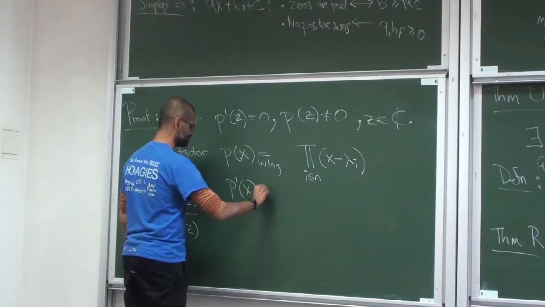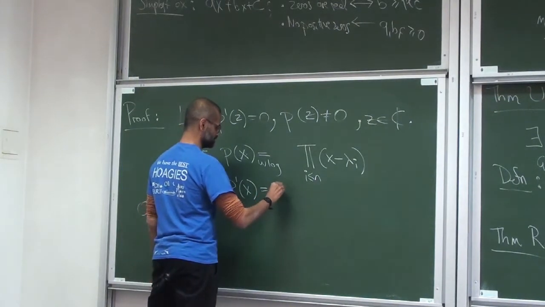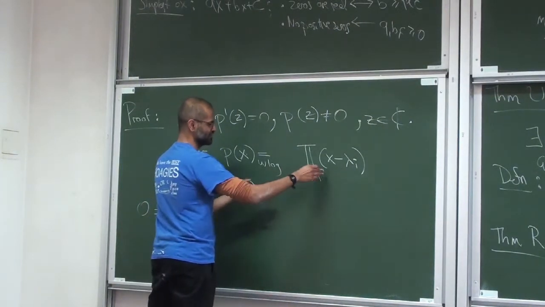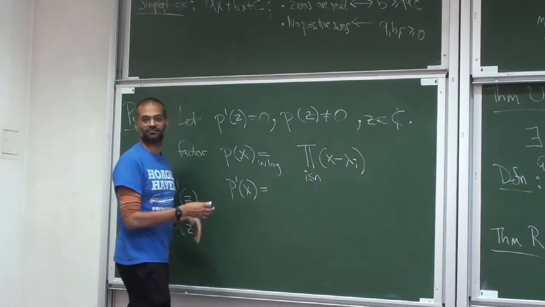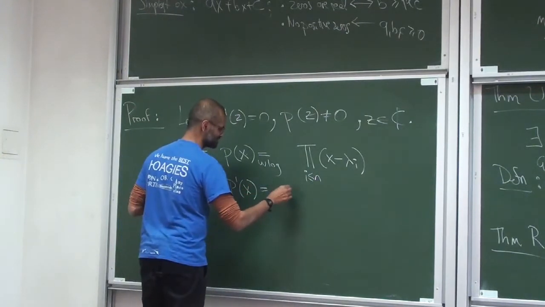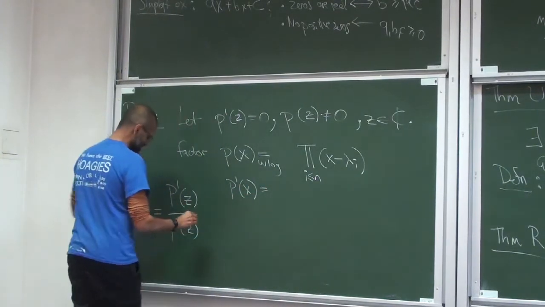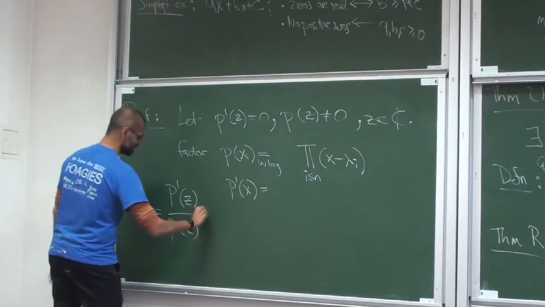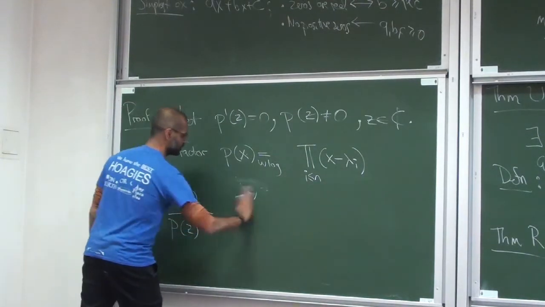P prime of x is, by the product rule, a sum of all n minus 1 products of these things. I don't want to write it, but when I divide these things, this has a very nice form.